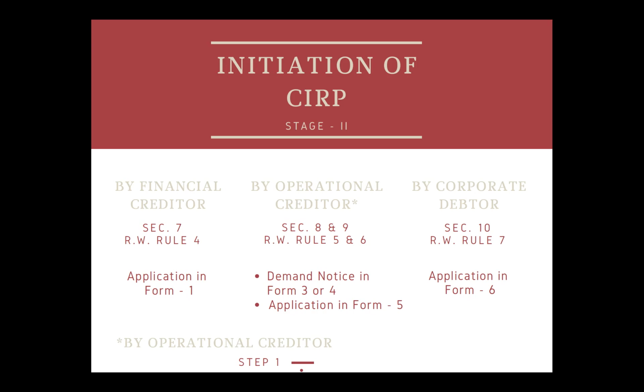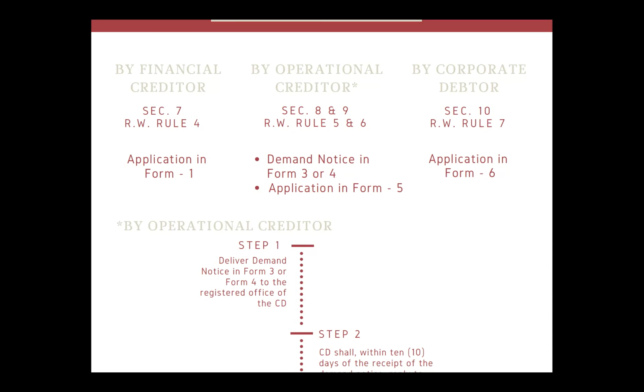So if you can see here, in a CRP, the initiation can be made by a financial creditor. So let me just talk about the financial creditor now. So what happens in the case of a financial creditor? It is famously called a Section 7 application. So Section 7 of the code deals with how a financial creditor can file for an application for initiation of CIRP against a corporate debtor.